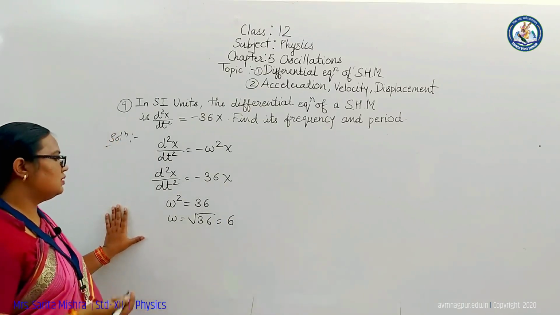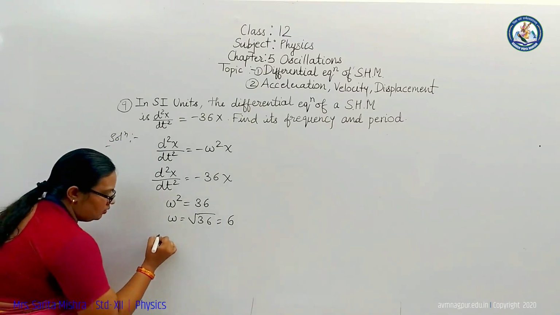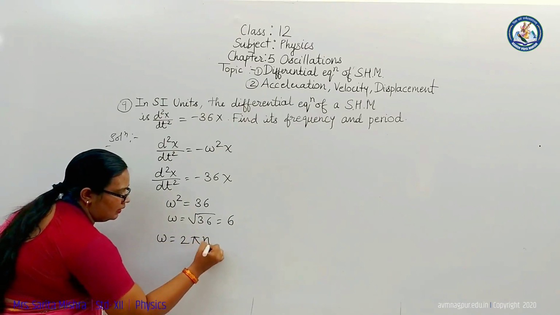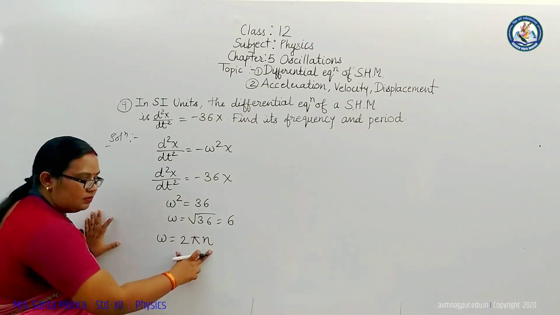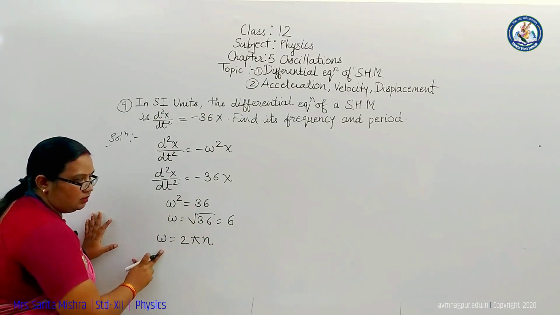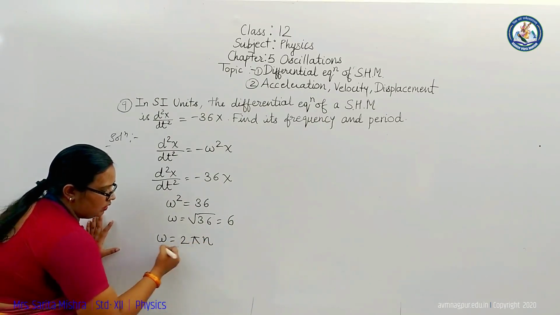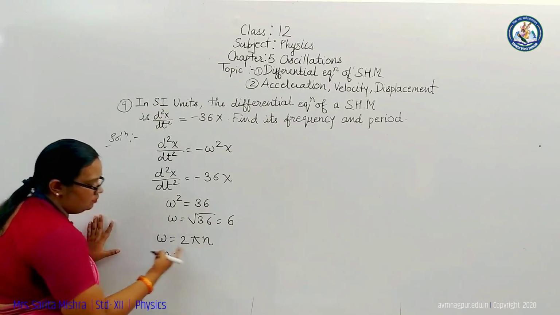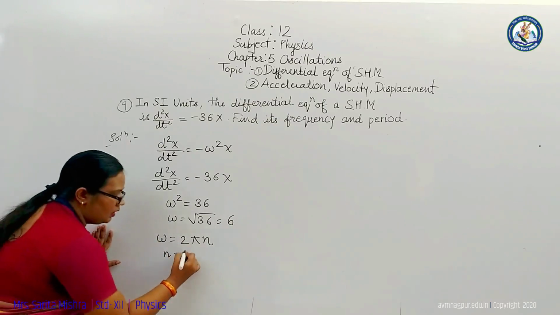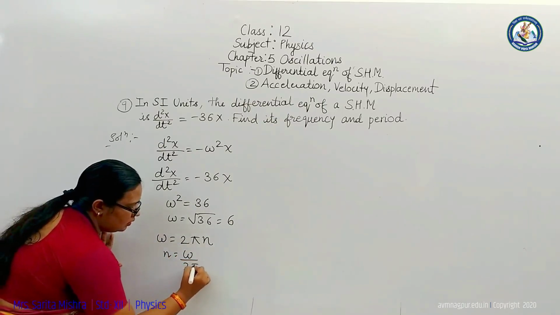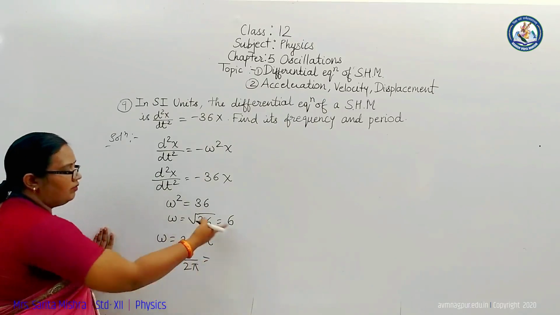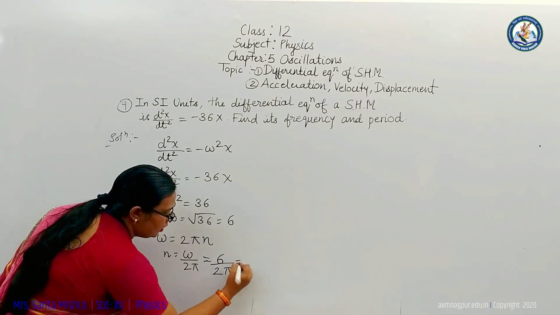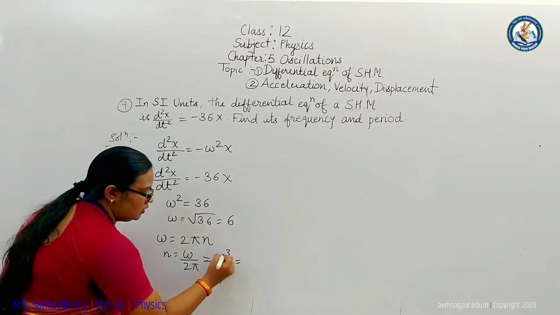Simple harmonic frequency we have to find. Now as we know, ω is 2πn. n is the frequency and ω is the angular frequency. So using this we can find the value of n. n equals ω upon 2π. Now the ω value is 6 upon 2π. 2 1s are 2, 2 3s are 6.